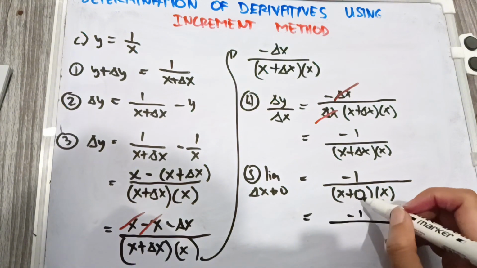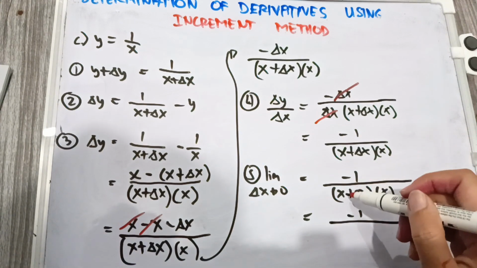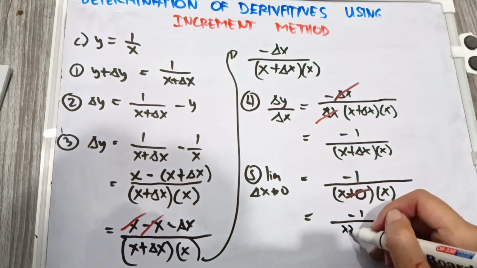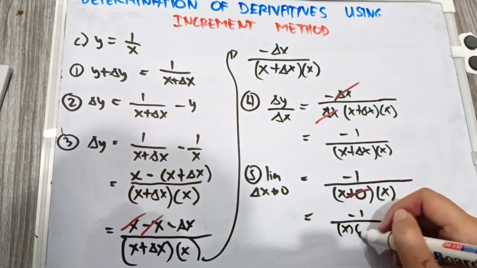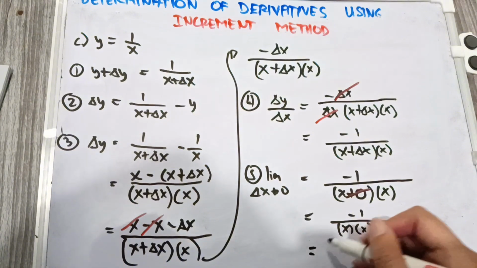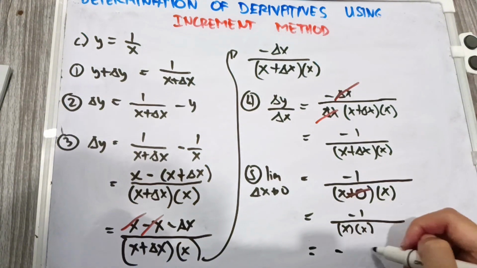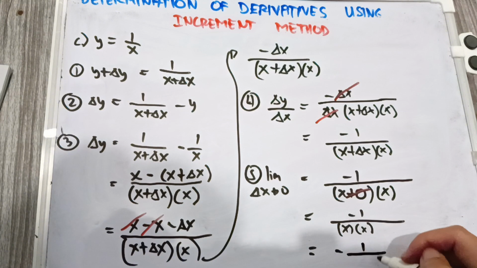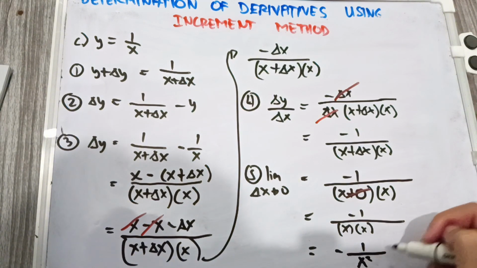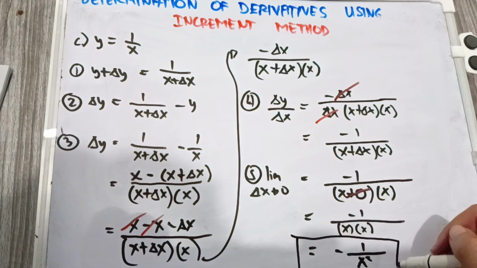That will be cancelled. So the remaining is x times x. That will be negative 1 over x times x, which is equals to x squared. Now this is the final answer.